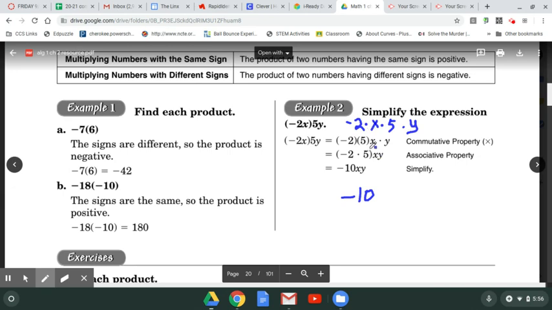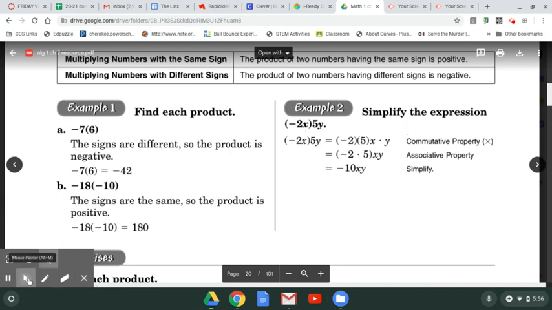Then we multiply that times x, so negative 10x, and then times y, negative 10xy. And there's multiplication between those. So the shortcut is to multiply the coefficients and then tack on the variables. Okay?